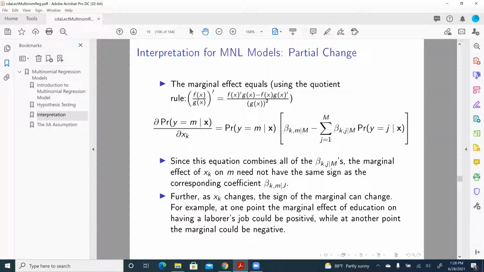It tells us basically the effect of x on predicted probability at a certain location, because this is a nonlinear model. As we change the location of xk or other covariates, the effect is going to change. So at every location, the effect is different. When I say effect, I'm talking about as x changes a little bit, how much y is going to change. So this is partial change.